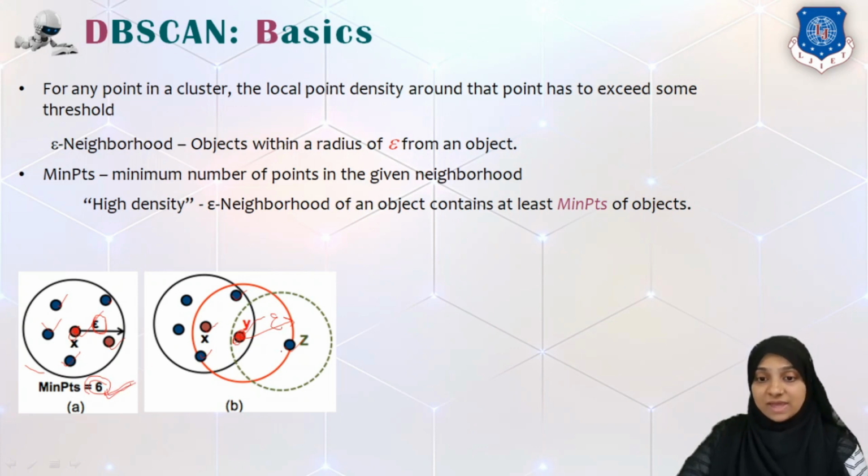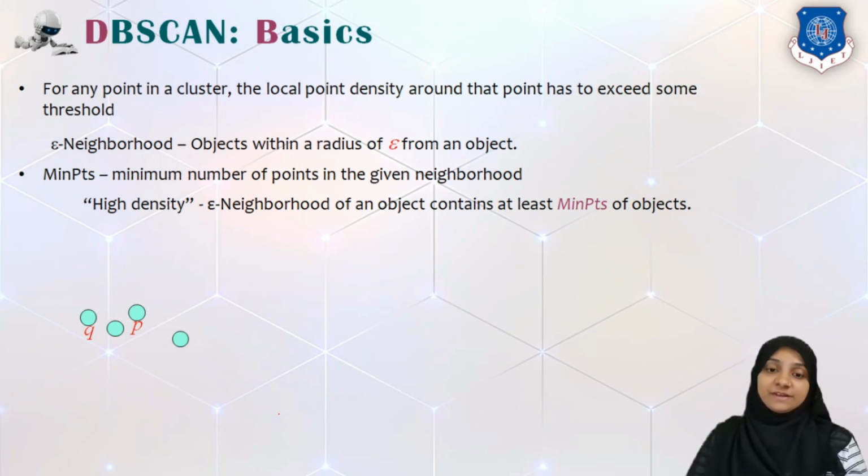So the area covered by this red center is not a high density area. It is a low density area, and a low density area doesn't belong to a cluster. Any point which is only part of a low density area is not part of a cluster, but all those points which belong to a high density area are part of a cluster. So basically here we have in our diagram one cluster and Z as an outlier.